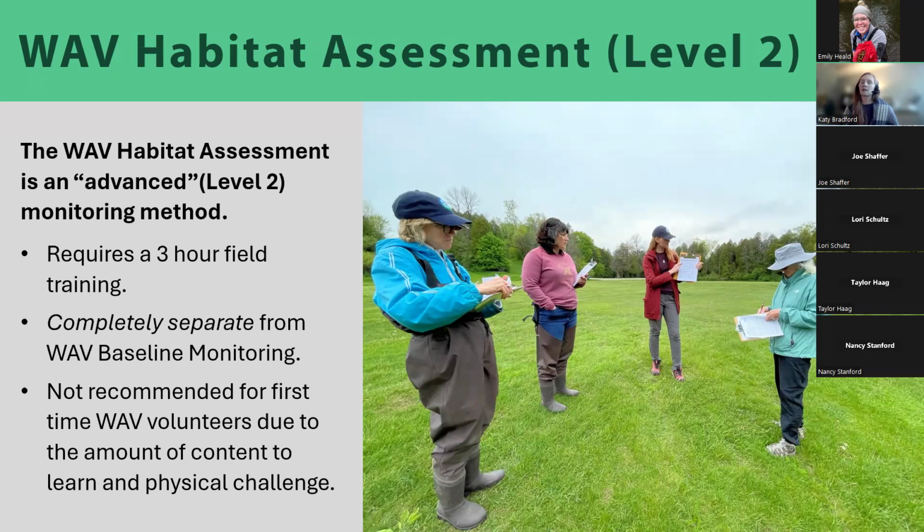To start off, I've been working with DNR stream biologists over the last year or two to do a review of our method. It's been 8 years since we started doing this, and we never really did an in-depth review of how it's going, whether we're following a method that makes sense for DNR biologists to use that data, and what makes sense for volunteers to be doing with a habitat assessment.